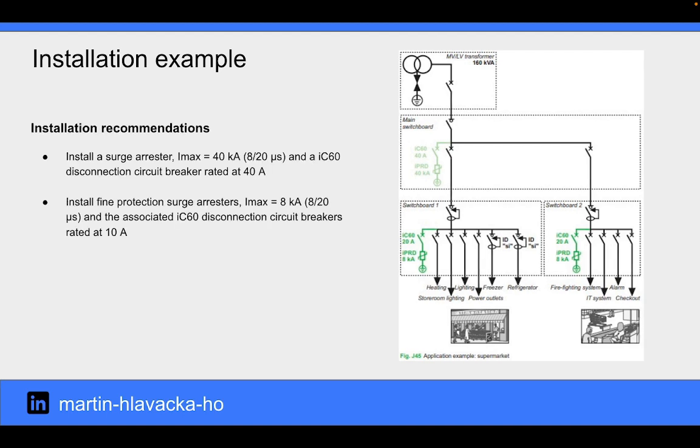For installation, it is recommended to install a surge arrestor with I max equal to 40 kA and an iC60 disconnection circuit breaker rated at 40 amps, and to install fine protection surge arresters with I max equal to 8 kA and the associated iC60 disconnection circuit breakers rated at 10 amps.